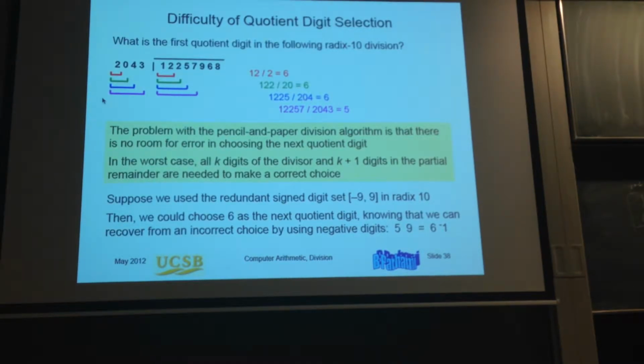Now, one idea would be to make a guess by inspecting a few bits, not all the bits which are involved. Let's say I'm taking 1 digit of the divisor and 2 digits of the dividend, and I'm trying to make a guess for the digit of the quotient. As you see in this example, I'm not wrong until I get enough value, and enough value means the entire d and k plus 1 bits from z.